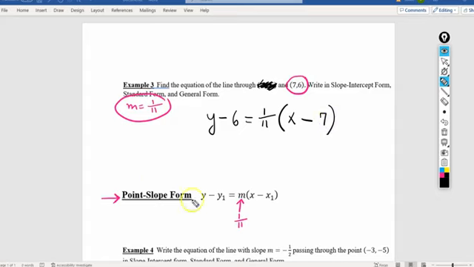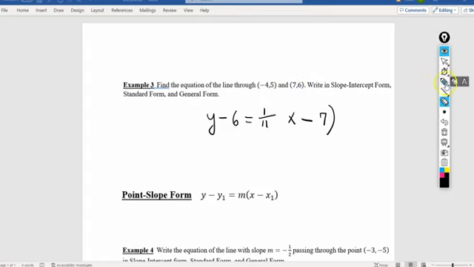Okay, so that's the point slope form. And what I'm going to do next is I'm going to get these other forms from it. Okay, so this is the point slope form.